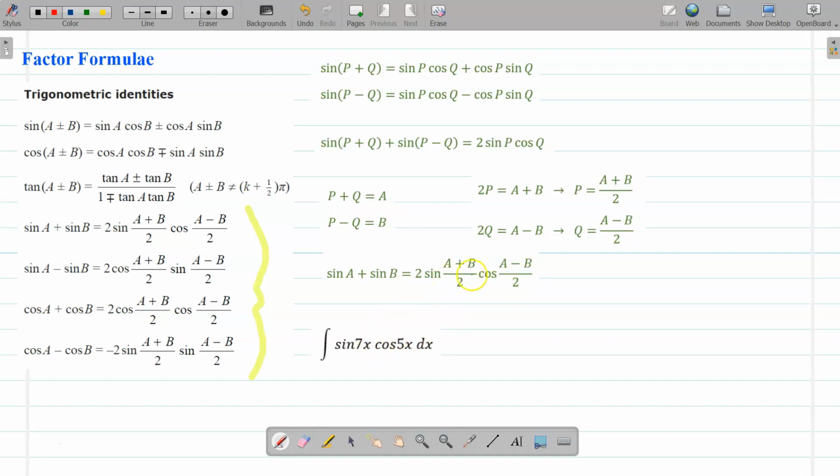Well, if I set 7x to A plus B over 2, then I'm saying that 14x is A plus B. Okay, and similarly, I would have that 10x would have to be A minus B. Okay, and solving those simultaneously, it's very easy to find that A plus B is 14x, so therefore A is 12x and B is 2x.